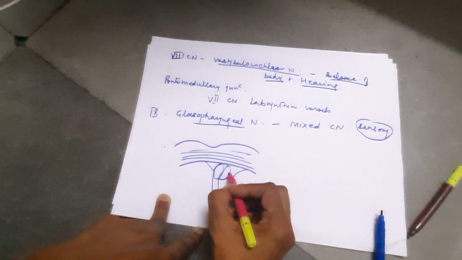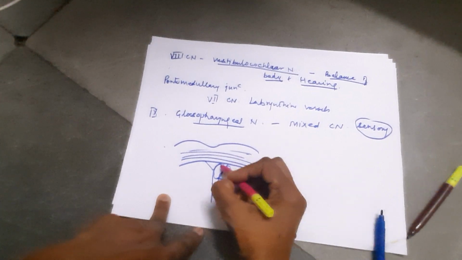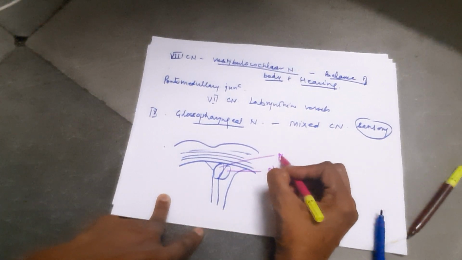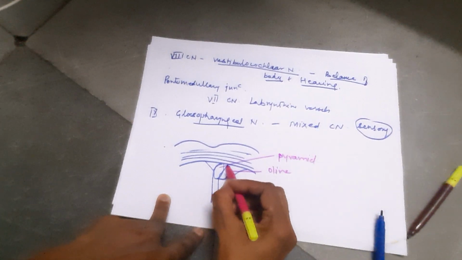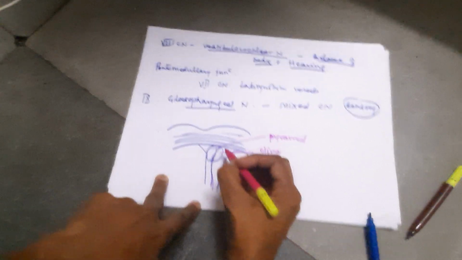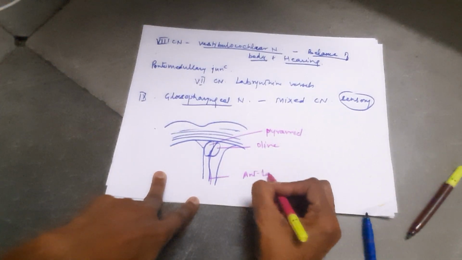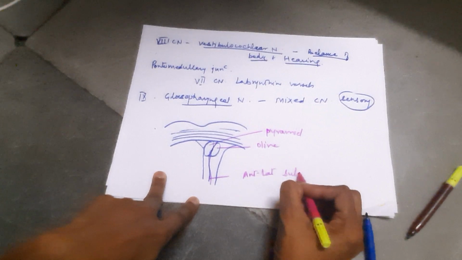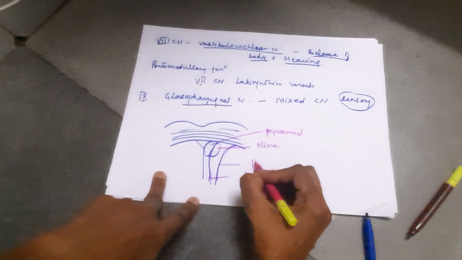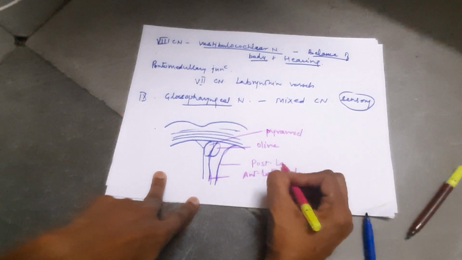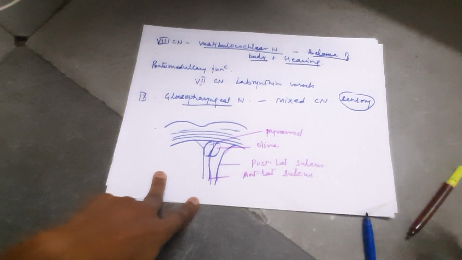This medial elevation is the pyramid. This sulcus is the anterolateral sulcus, and this sulcus is the posterolateral sulcus.